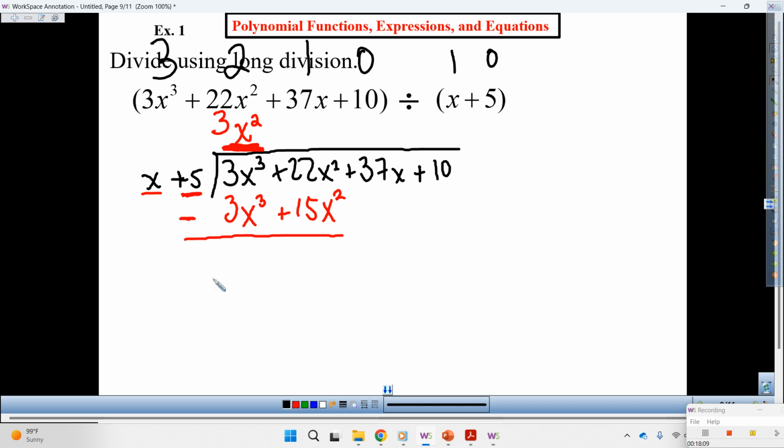But this is what I want you to do. Look up. Circle the negative. Distribute the negative to these two. And let's do the subtraction. What is 3x cubed minus 3x cubed? Cancel. What is 22x squared minus 15x squared? 7x squared. Next, bring down the next term, plus 37x.